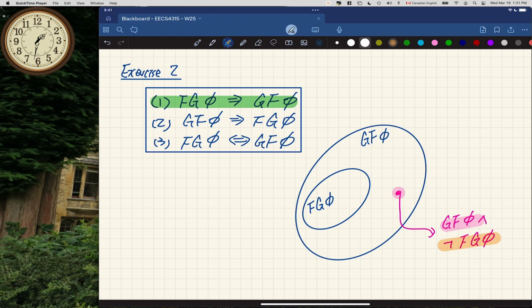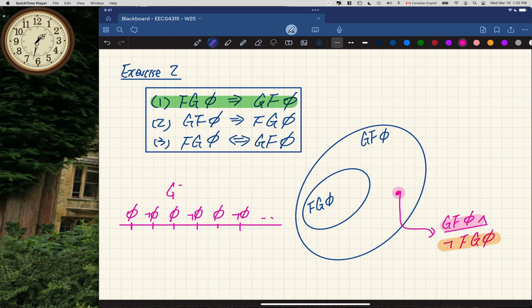I'm going to give you one pattern where infinitely often is going to be true. As Adrian correctly said, why don't we say alternating satisfaction? Let's say in the first state phi is true, the second state phi is not true, then phi is true, then phi is not true, and phi is true, not true, etc. This definitely satisfies GF phi.